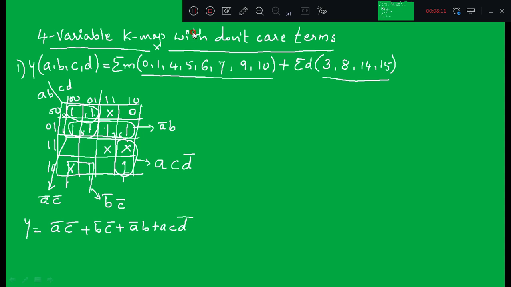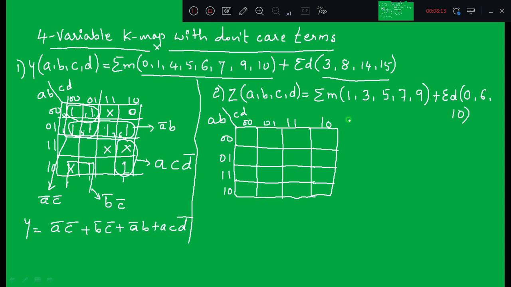So let us jump to one more example. Let us take this example where there are 5 min terms and 3 don't cares, right? Fill the cells 1, 3, 5, 7, 9 with min terms, that is 1. This is cell number 3, 4, and this is 5, and this is 6, and this is 7.